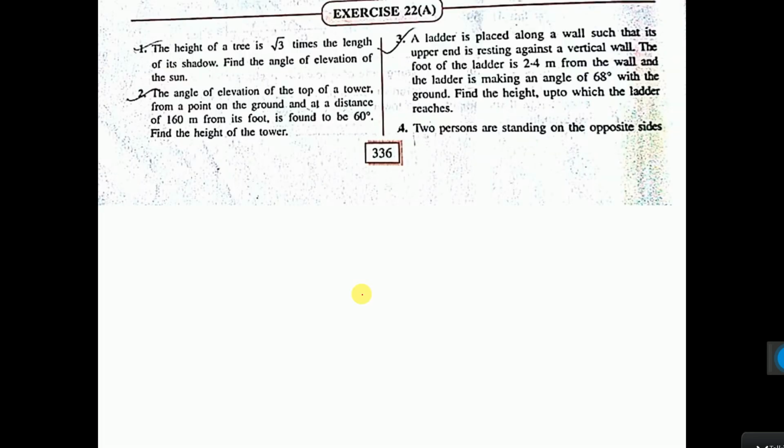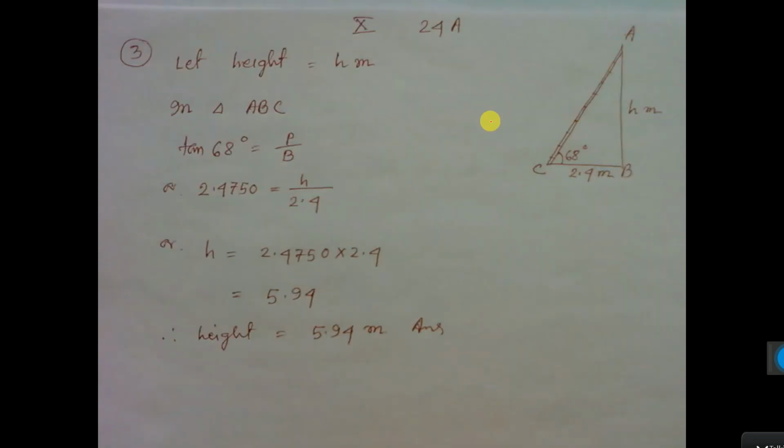One more sum let me do, number 3. A ladder is placed along a wall such that its upper end is resting against a vertical wall. The foot of the ladder is 2.4 meter from the wall and the ladder is making an angle 68 degree with the ground. Find the height up to which the ladder reaches. So see the sum.